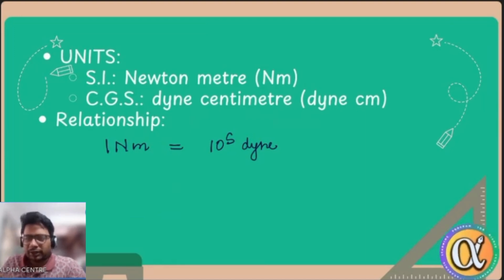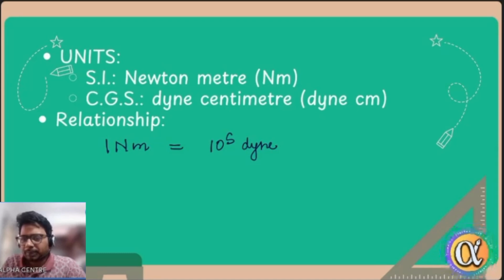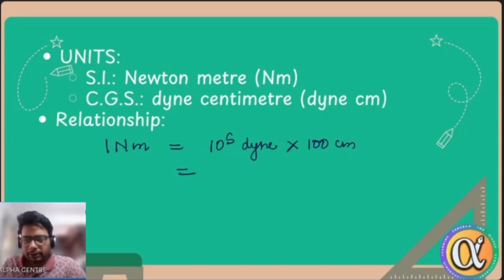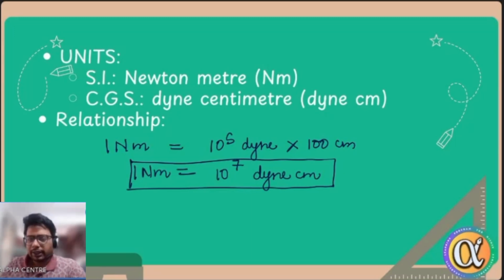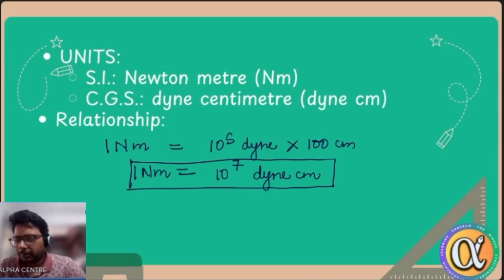That's not so difficult, but for the timing, let's just learn this. 1 Newton is 10 to the power 5 dyne, and 1 meter is 100 centimeter, or 10 to the power 2 centimeter. Multiplying all the 10 terms, this is 10 to the power 7 dyne centimeter. So 1 Newton meter is 10 to the power 7 dyne centimeter. That is your relation between Newton meter and dyne centimeter. We need to remember this, as it can come directly for one marker.